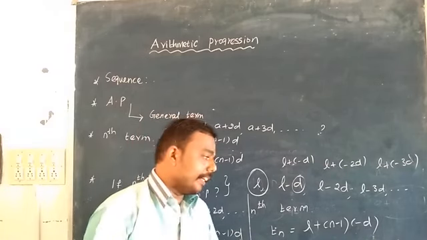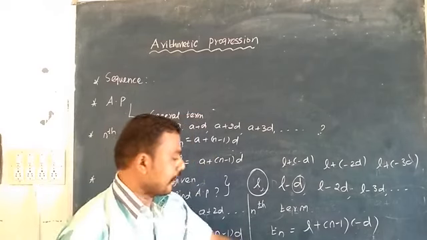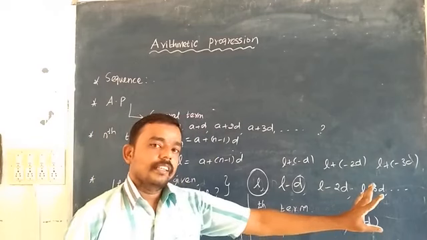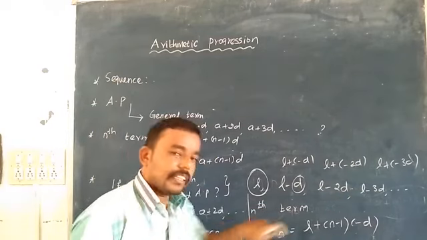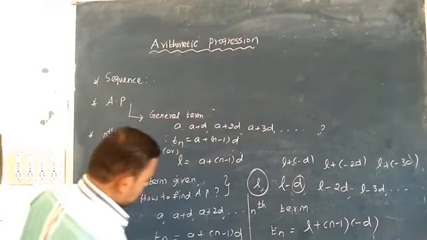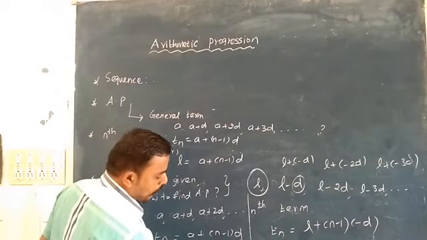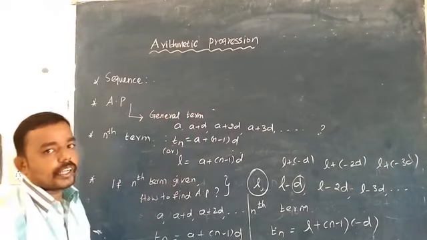Now you can get the idea, because with positive and negative, positive is just increasing, negative is just decreasing. This one is from left to right, like that you can think. This one is from right to left, you can think.